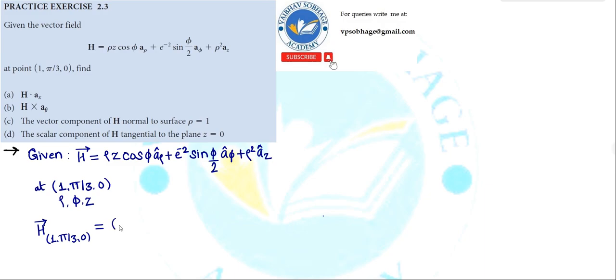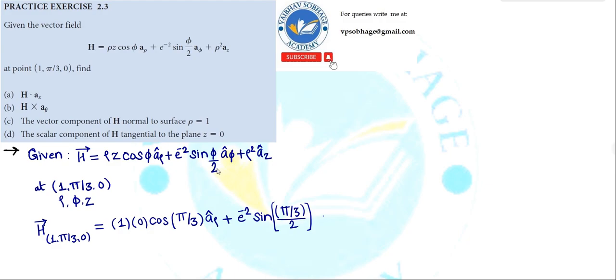So we have the value 1 for rho, then z equals 0, then we put the value of phi within the cos, which is cos of pi/3, and a_rho will be as it is. Then e raised to the power minus 2 will be as it is for now. Then we have sine of pi/3 divided by 2, and this is the whole bracket.